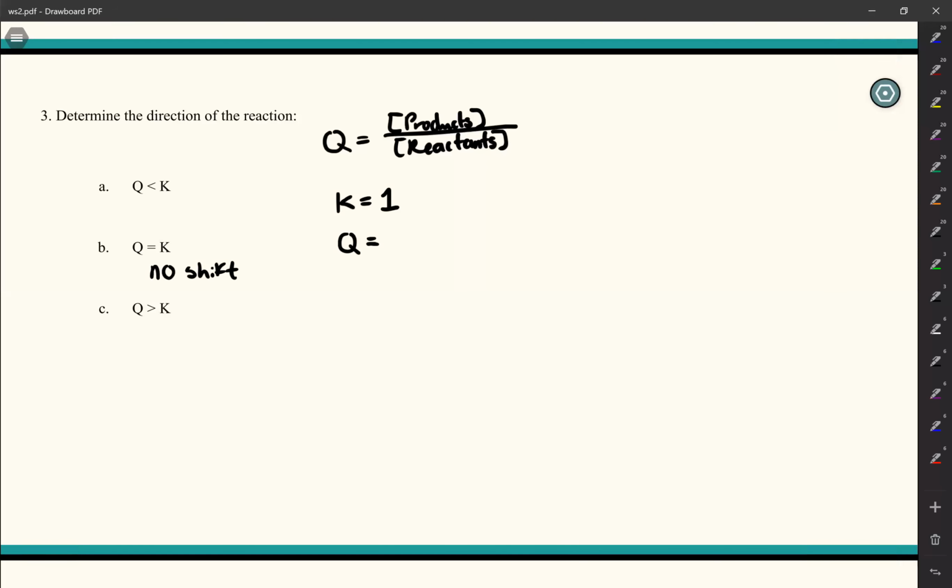How does that make sense? Well, if I put more reactants in the equation, so if I have 1 mole of products and I have 2 moles of reactants, therefore adding more reactants, then our value is 1/2, which is less than our K of 1.